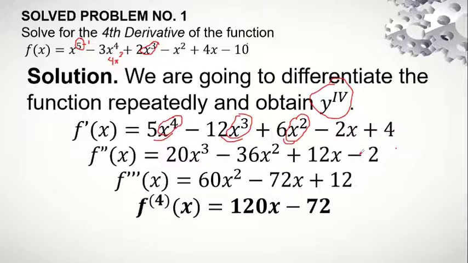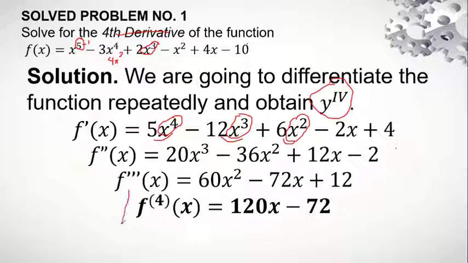Okay. Next, the last one, since this is what we are looking for. So, now, the derivative of 60x squared is 120x, minus the derivative of 72x, which is negative 72, plus the derivative of a constant is 0. So, this is your fourth derivative.